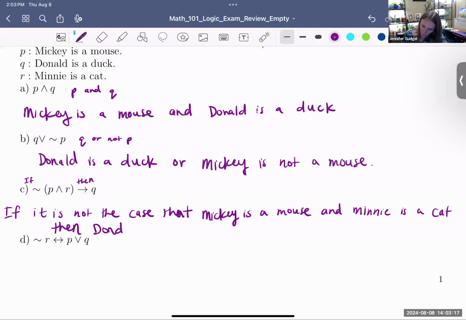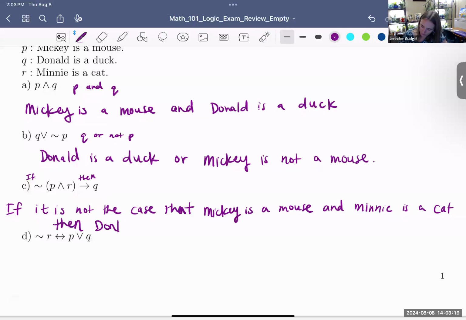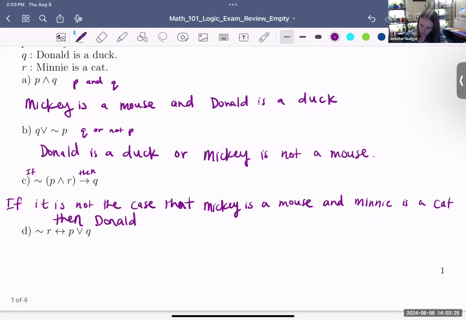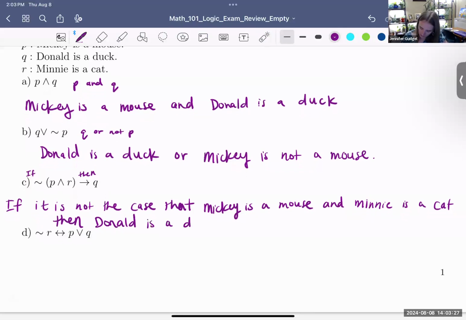So remember, with that one-way conditional, we have if at the front and then where that single arrow is, then Donald is a duck. With the biconditional, the two ways, that's our if and only if.